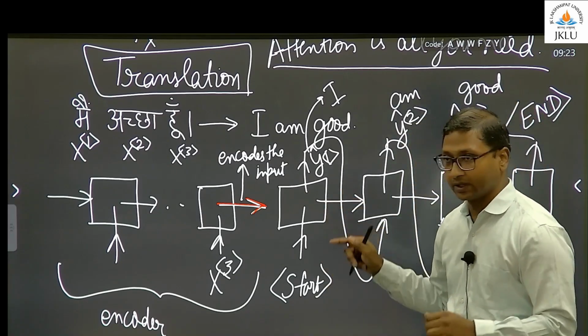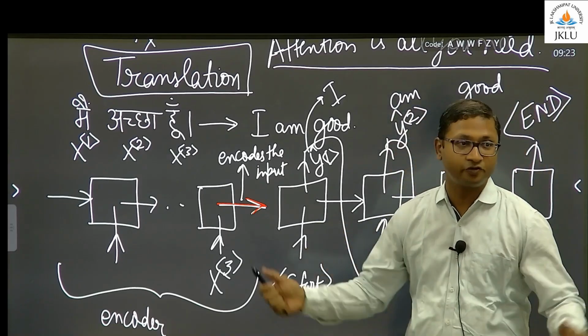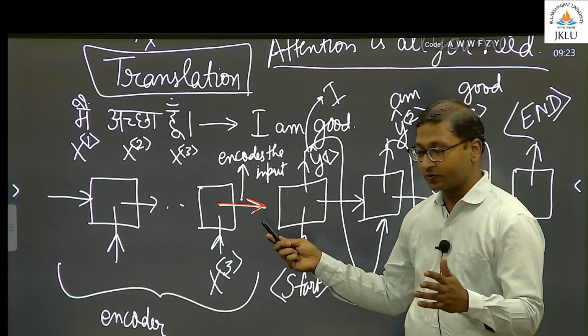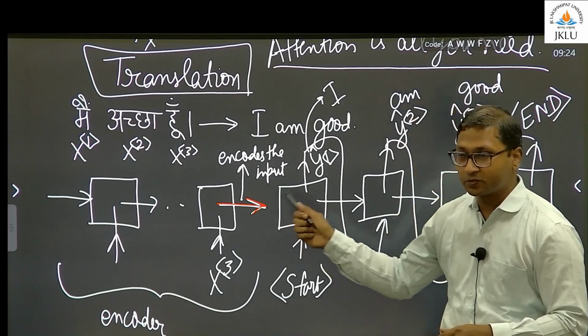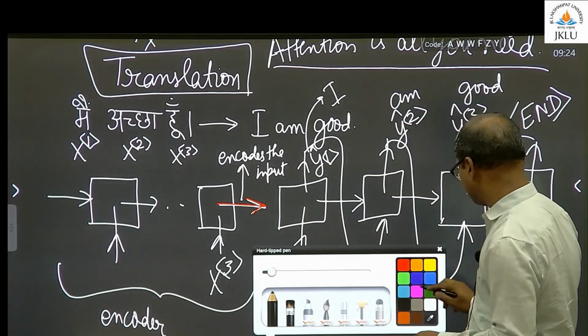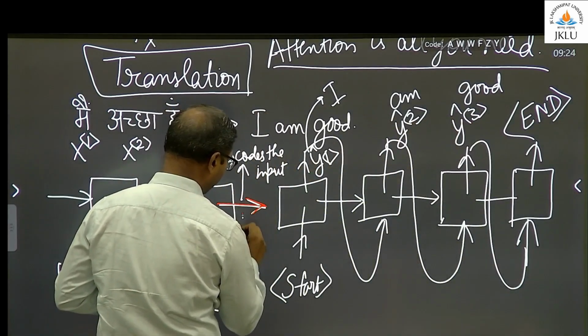What is the problem here? There are two problems here, and one problem was in general with text or sequence to sequence. One problem here is you expect too much from this particular vector, which encodes the input.